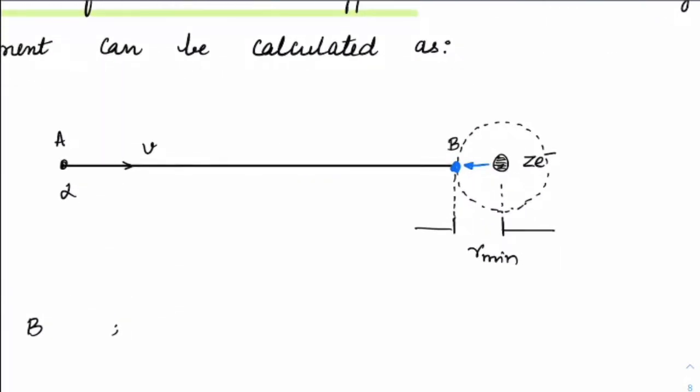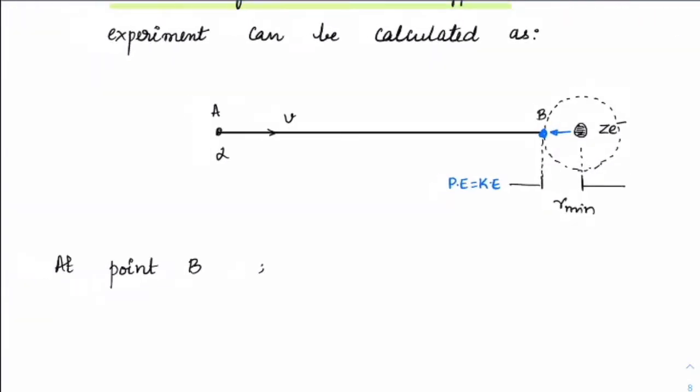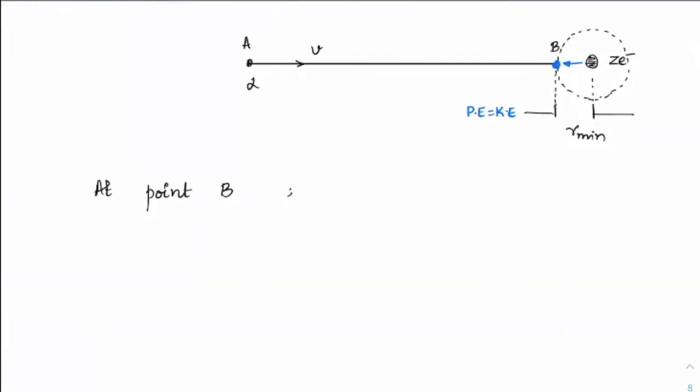So at point B, the entire kinetic energy has been converted into potential energy. So at this point B, I can say that potential energy is equal to kinetic energy.